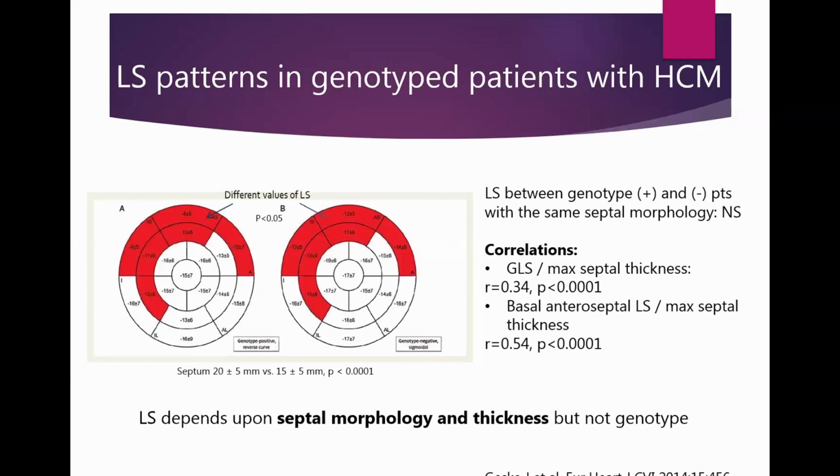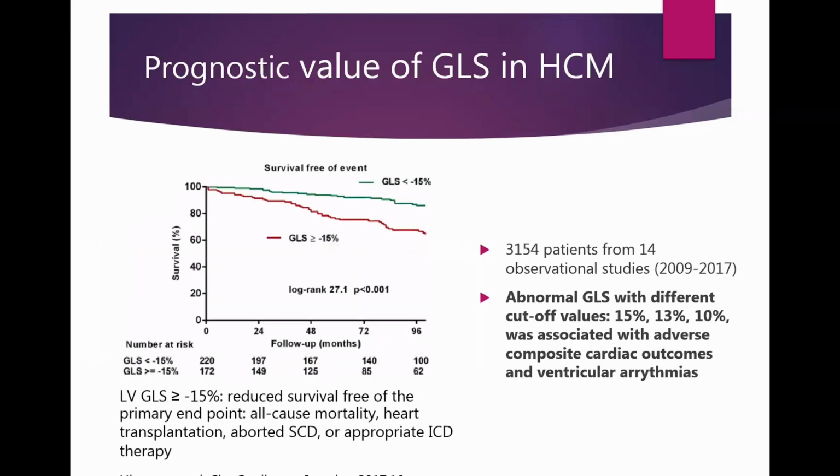This study shows that in patients in whom a genetic test was performed, there is no correlation between longitudinal strain and genotype, but there is a strong correlation with the maximal septal thickness.